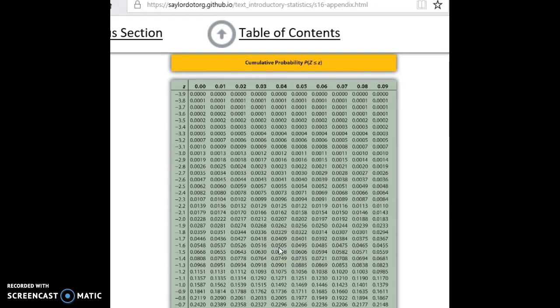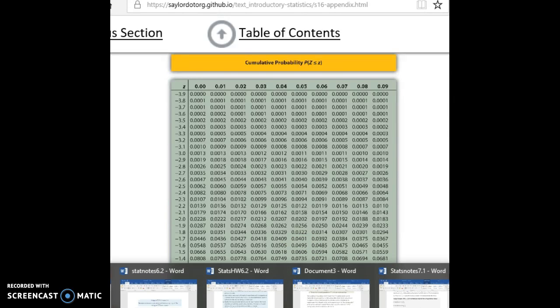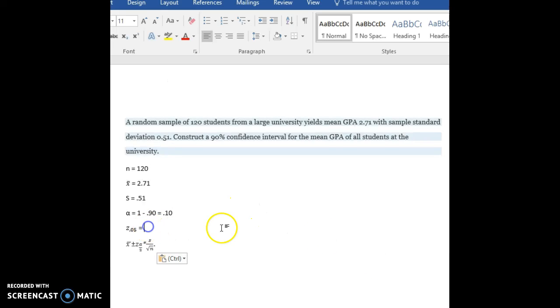So this one is negative 1.64, and this one is negative 1.65. We're going to go halfway in between to negative 1.645. But really, as I said earlier, we need the positive 1.645. All right, so now let's plug into this formula and find the ends of our confidence interval.